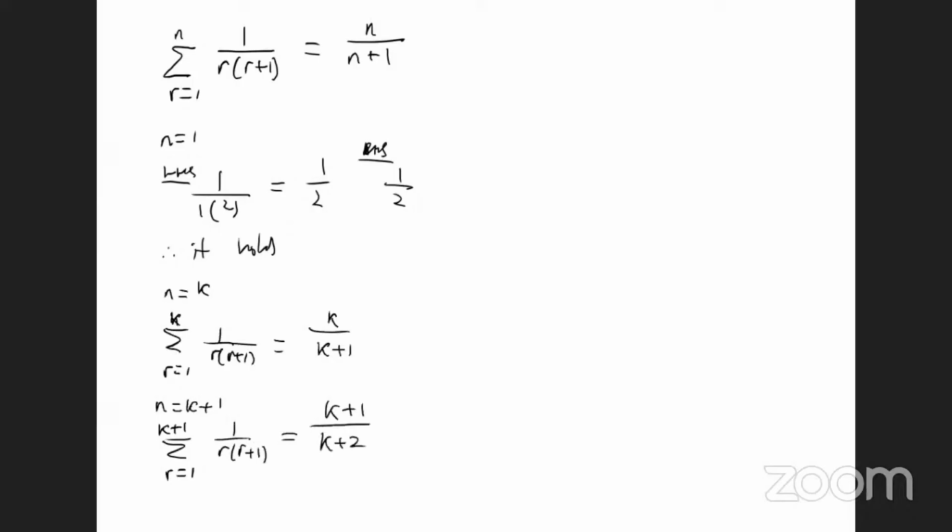Again, I'll go with the left-hand side. Summation of r going from 1 to k plus 1, 1 over r by r plus 1. Main thing here is that you make the right substitutions. So you're going to substitute for this, and then the k plus 1 term.